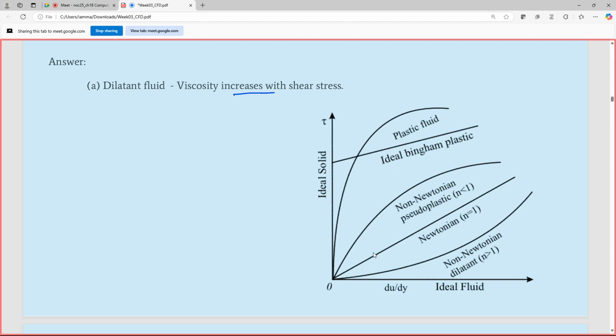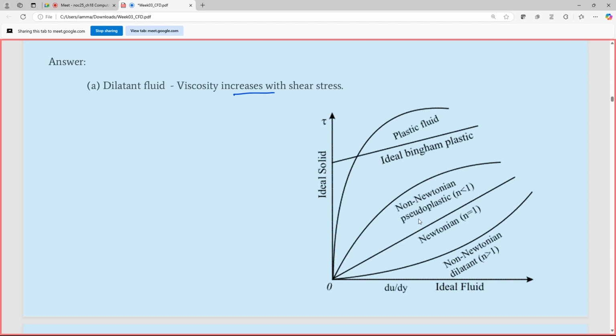For Newtonian fluids, it will be a straight line passing through the origin, whereas for a dilatant fluid, that is a shear thickening fluid, the graph will be concave with respect to the x-axis, and for a pseudoplastic fluid, it will be convex.